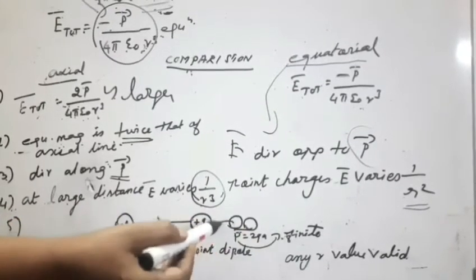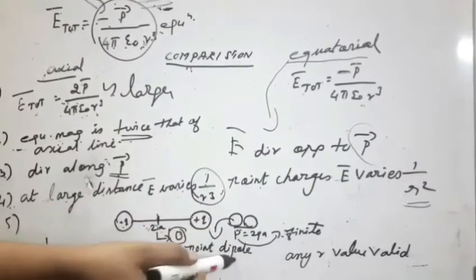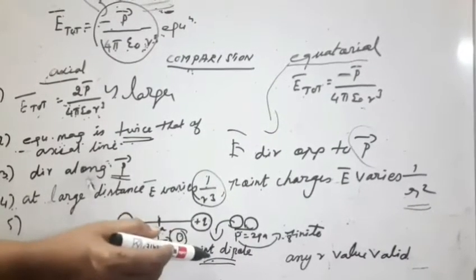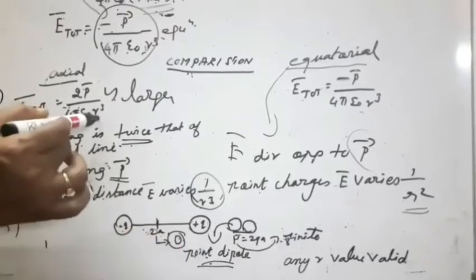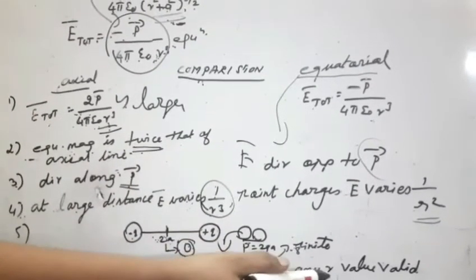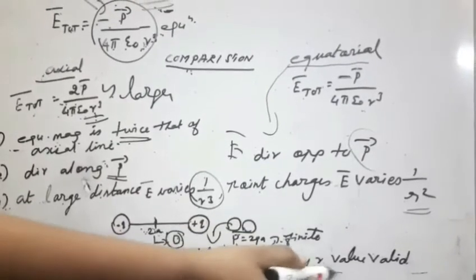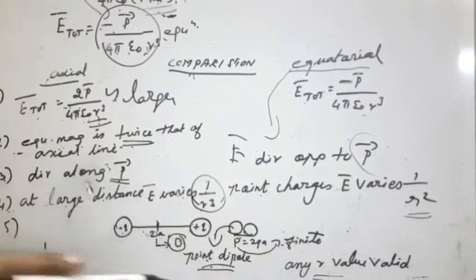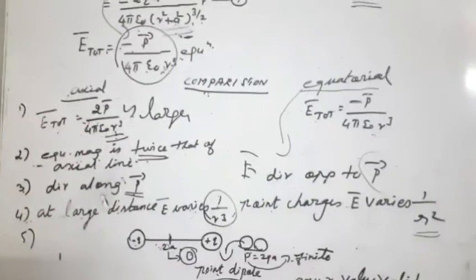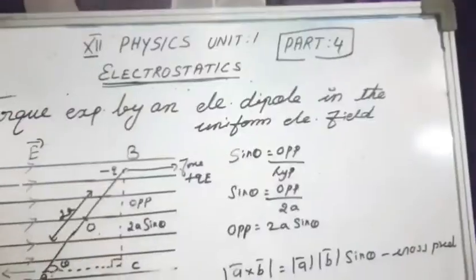So this is the dipole we call the point dipole. For a point dipole, any R value is valid. So this is known as the comparison of axial line and equatorial line.